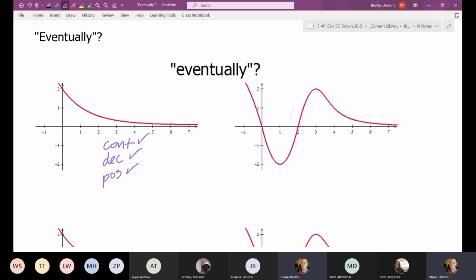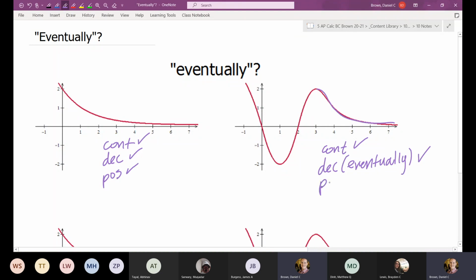The second one though, it is always continuous. We can see that there are no gaps in it. It is decreasing. It's not always decreasing, but it is decreasing eventually, which we can see at the end of the graph. So that would work as well.